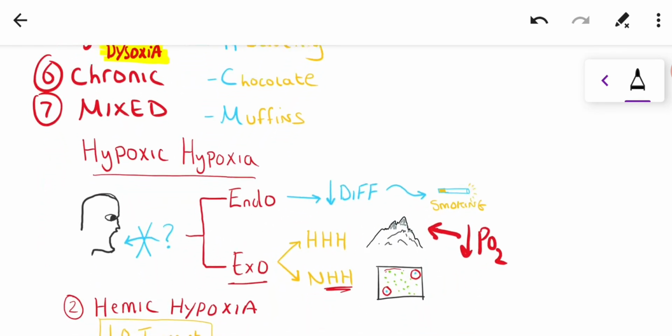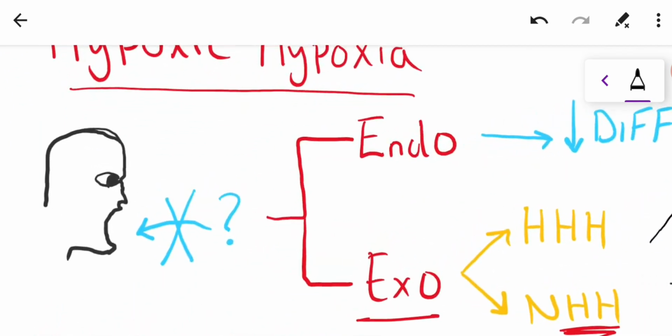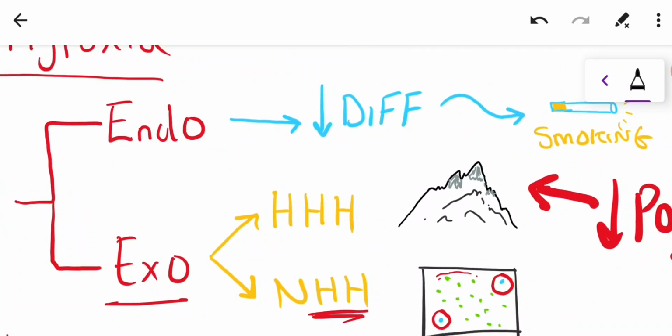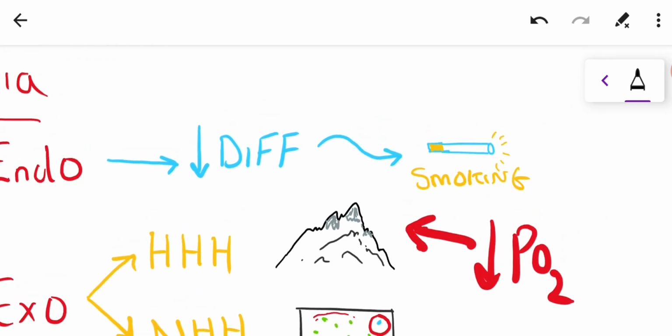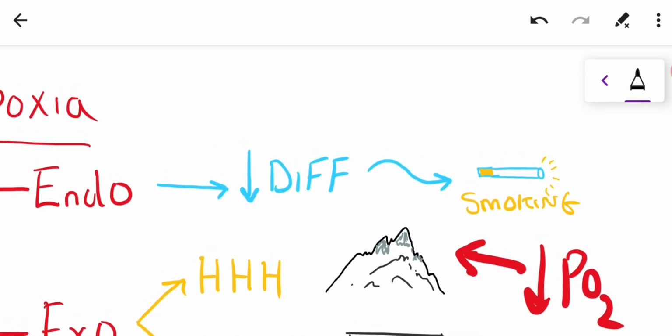Now, when we talk about hypoxic hypoxia, like I mentioned, it's all about the quantity of the amount of oxygen you're intaking. So you can have 2 types, endo and exo, endogenous, exogenous. Endogenous is all about factors within you.